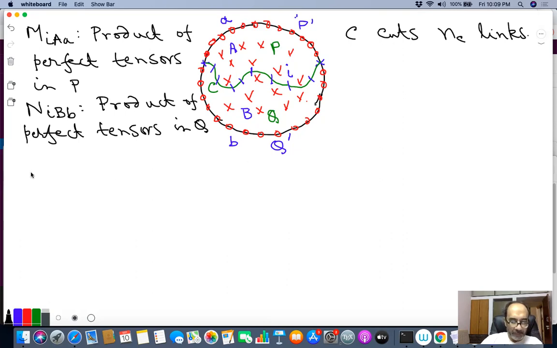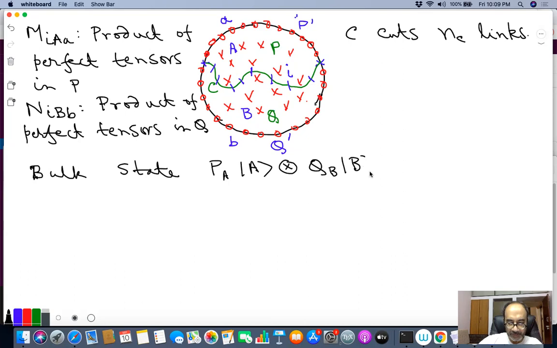So then we took a bulk state, which is a product state. Later today I'll discuss what happens if it's not a product. So let's take a bulk state, which is of the form P_A times A times Q_B times B. And throughout today's lecture, I'll use summation convention, so repeated indices are summed over.